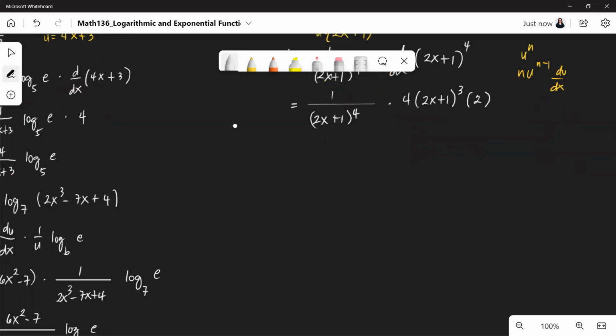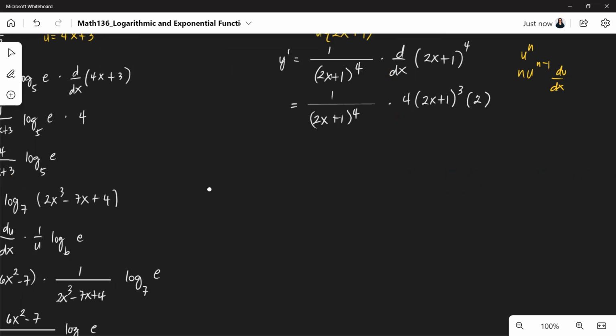So if we combine everything, we have 2x plus 1 raised to the power of 3 and raised to the power of 4. So we can remove three 2x plus 1s. There's only one 2x plus 1 that will remain in the denominator.